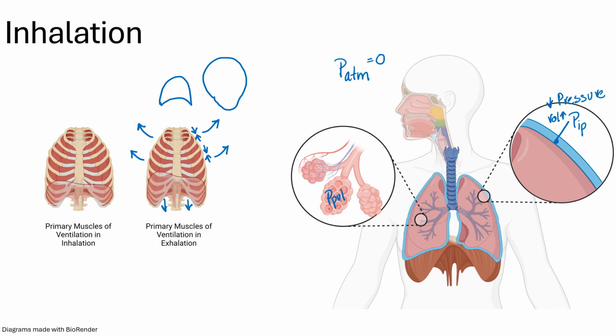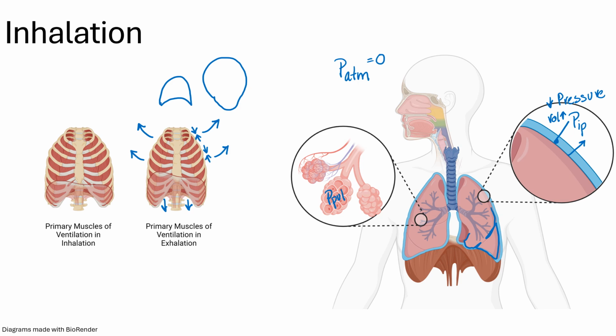And almost immediately, the visceral pleura is like, whoa, whoa, whoa. If you're going to move outward, I'm going to have to move outward with you. And what the visceral pleura does is it starts to move outward, closing that intrapleural space. Well, that visceral pleura, don't forget, dips into the lobes of the lung and forms that connective tissue.